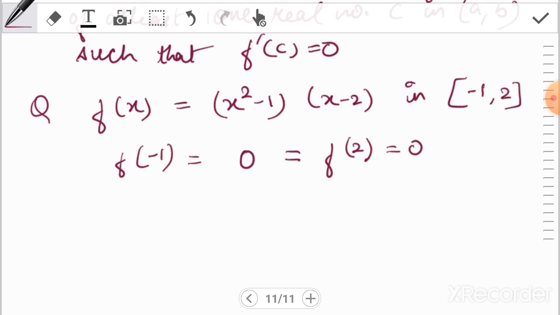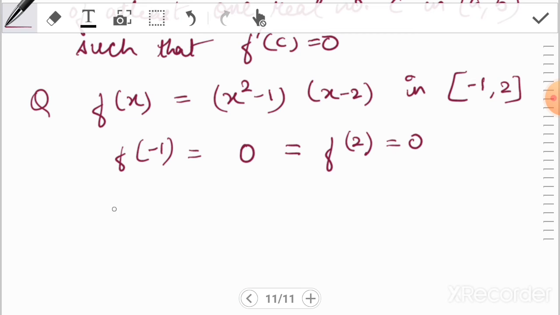Therefore, there exists at least one real number c in (-1, 2). Let us find f'(x), which is (x minus 2)(x square minus 1), and this is in the u into v form.